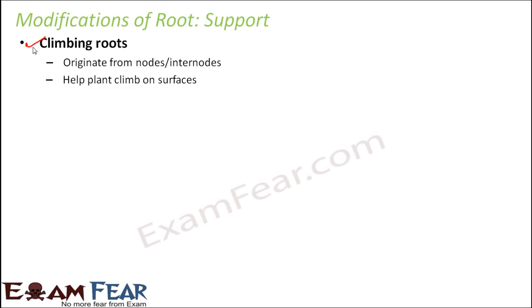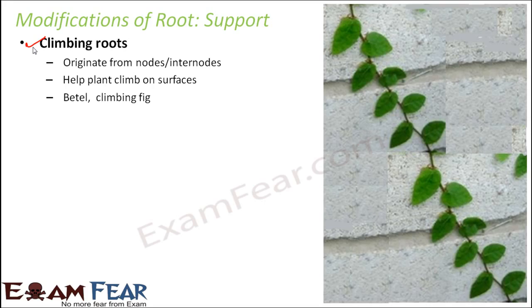They help plant climb on surfaces. So what basically happens in such roots is that the roots secrete some sticky substances that attach the plant firmly to the support or the external surface. For example, here you can see the example of a betel leaf. So here the roots modify themselves in this way, that they will stick to the surface.